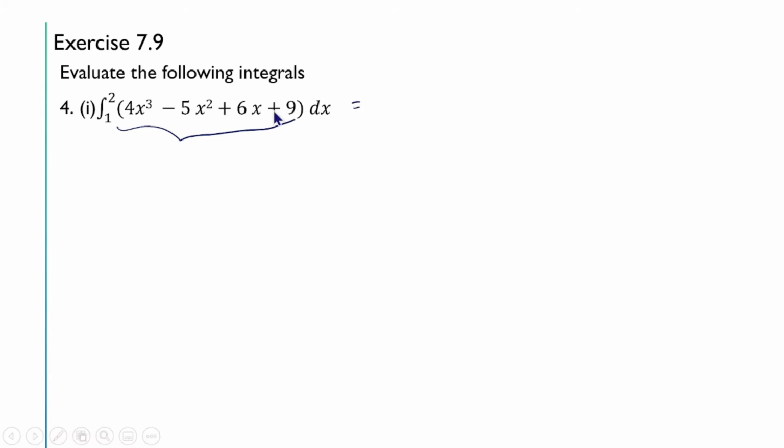So if we integrate 4x cube dx, we get 4 into x raised to 4 upon 4, minus 5 into integral x square dx, which will be x cube upon 3, then plus 6 into integral x dx, which will be x square by 2, then plus 9 integral dx, which will be x, so plus 9x.